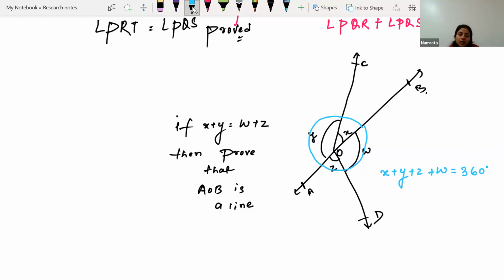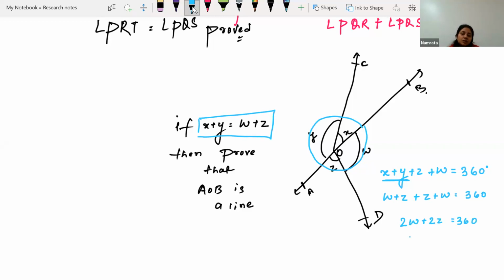Now, here in the question it is written that X plus Y is equal to W plus Z. So instead of X plus Y, I am going to write W plus Z over here. I am replacing X plus Y by W plus Z, and the other one I am writing as it is, so W plus Z plus W plus Z is equal to 360. Once we solve it, we get 2W plus 2Z is equal to 360.